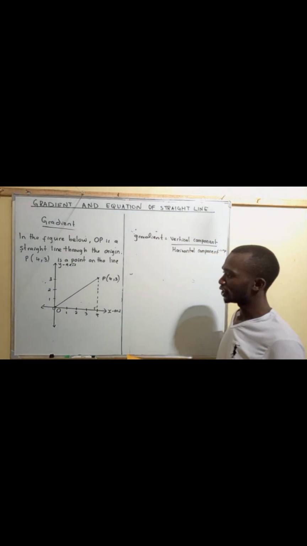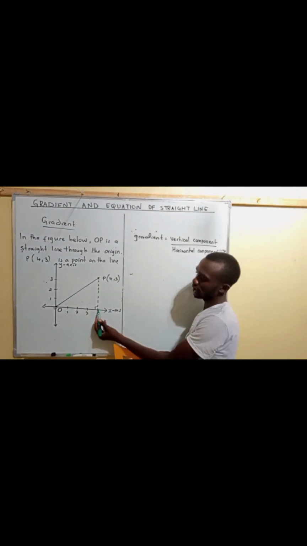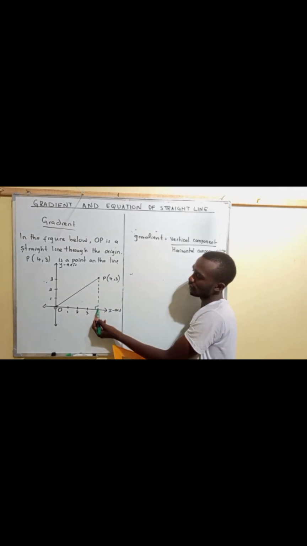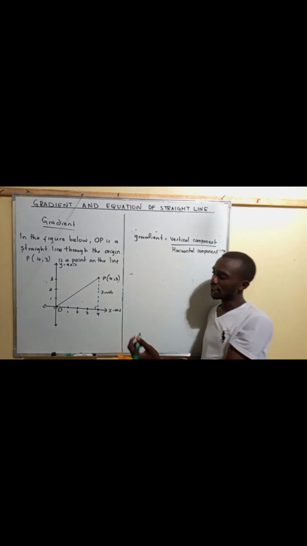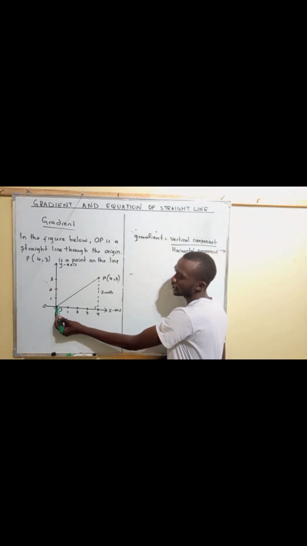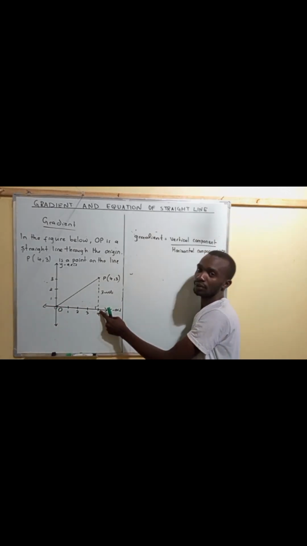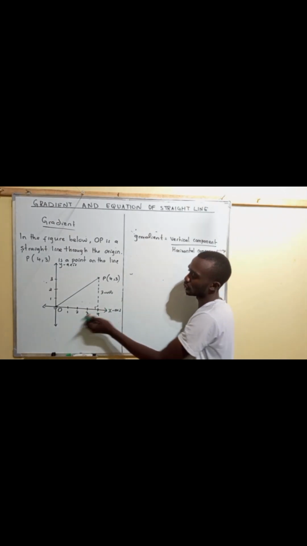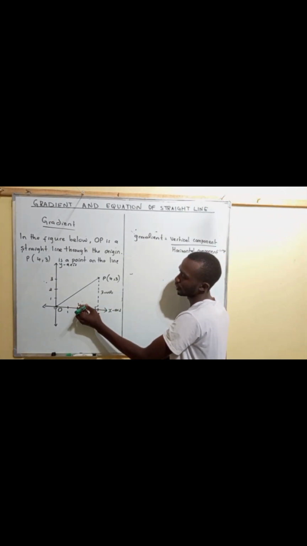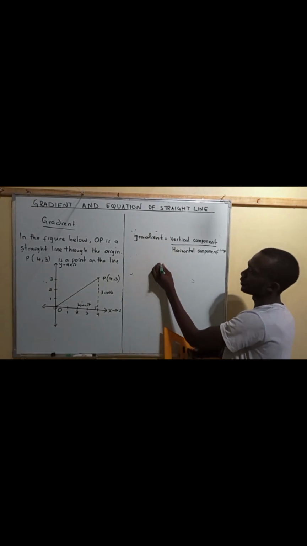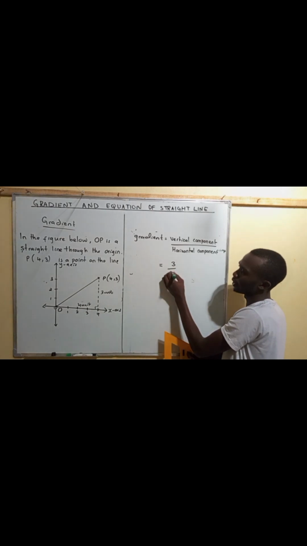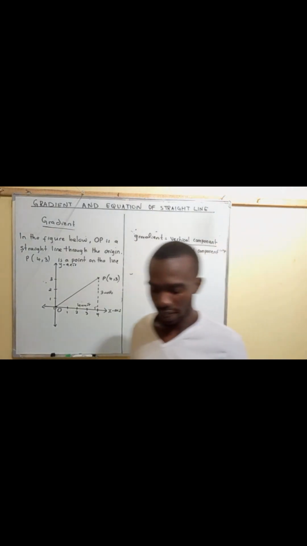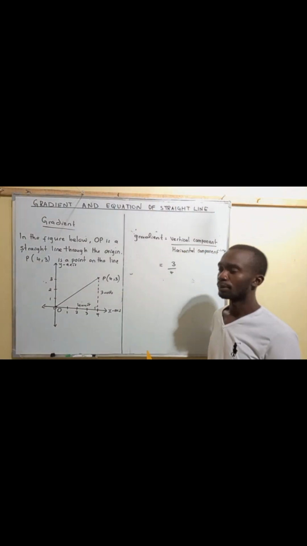Now the vertical component is the distance from the x-axis to point P, so the vertical component is 3 units, and the horizontal component is from point O to the last reading on the x-axis, which is 4 units. So the gradient of this line is equal to 3 units over 4. So this is the slope of the line that we have just drawn on the board.